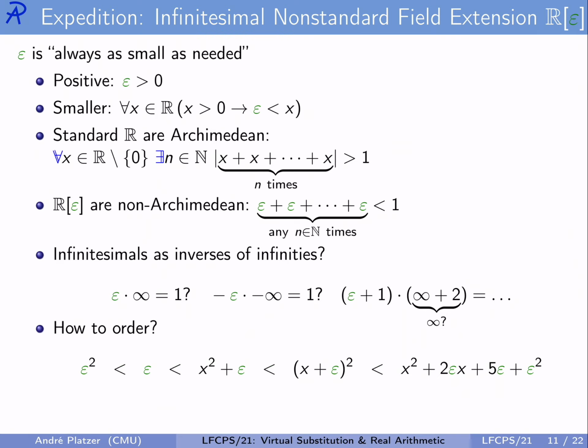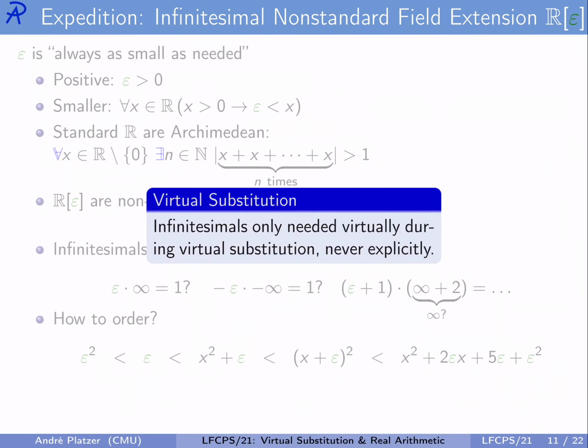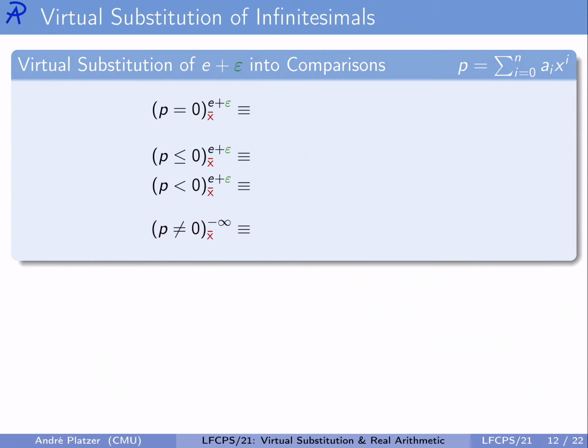The point is, we don't even literally need these infinitesimals, rubber band numbers. We just need them for inspiration in order to define them away by virtual substitution. Infinitesimals are only needed during the virtual substitution quite virtually. They're not really needed, and they're never needed explicitly in what we do.